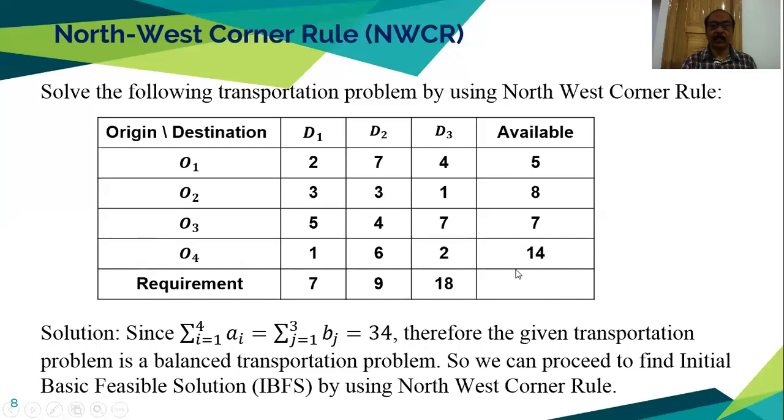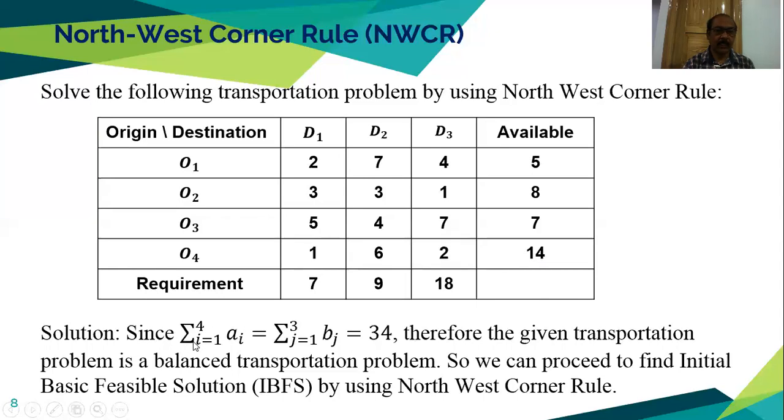Now first we have to check whether the given problem is a balanced or an unbalanced transportation problem. If we sum up 9 and 7, that is 16, and 16 plus 18 is 34. That is, the demand is 34. And if we check column-wise, the available is 5 and 8 is 13, plus 7 is 20, and plus 14 is 34.